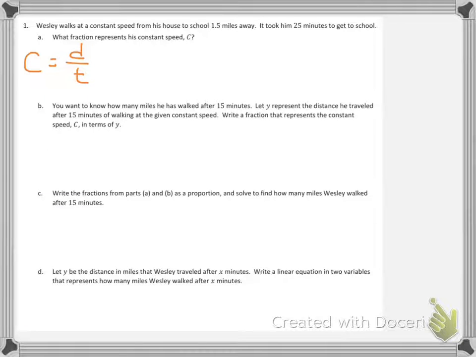So if you get caught and you can't quite remember what constant speed is, it's miles per hour or distance over time. In this case, it's miles per minute. So we're going to write this ratio 1.5 miles over 25 minutes.